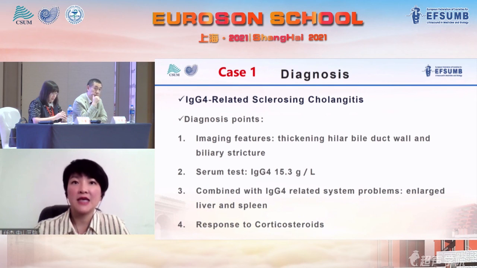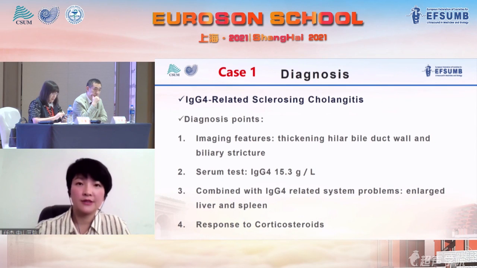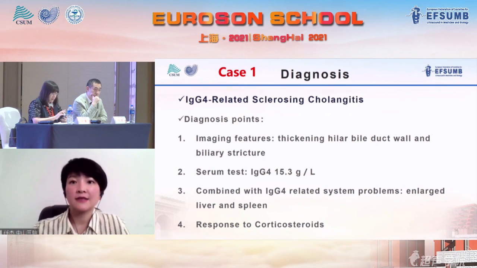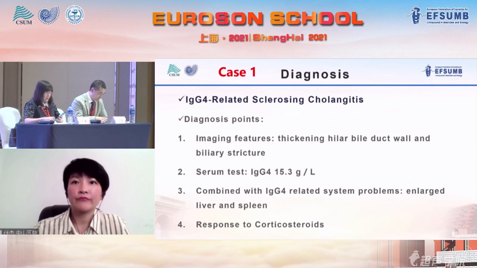We can see the hilar bile duct wall thickened in a symmetrical shape. This is very important. And next, in the CEUS examination, the boundary with the surrounding liver parenchyma was very clear.